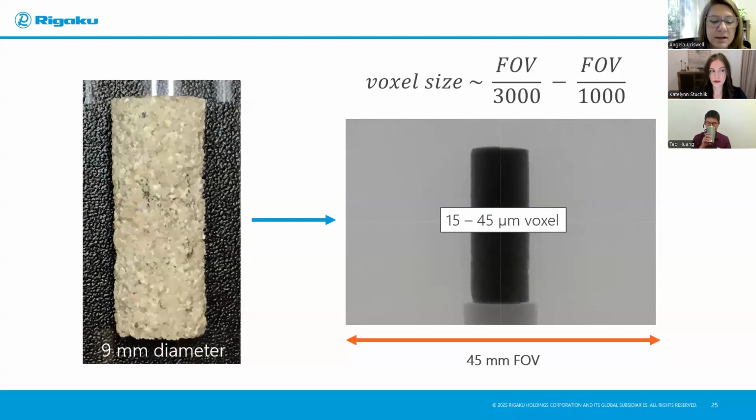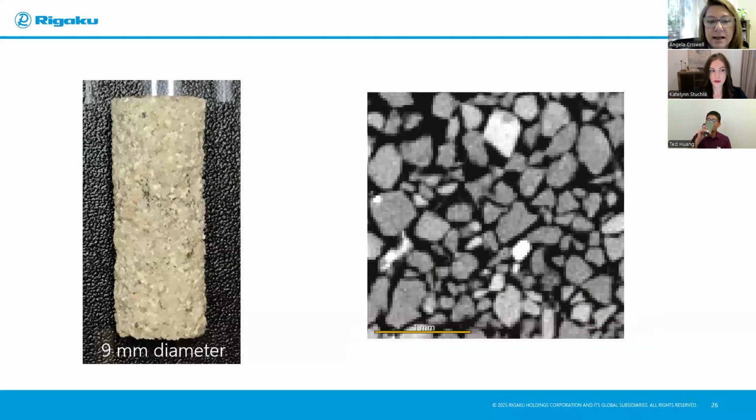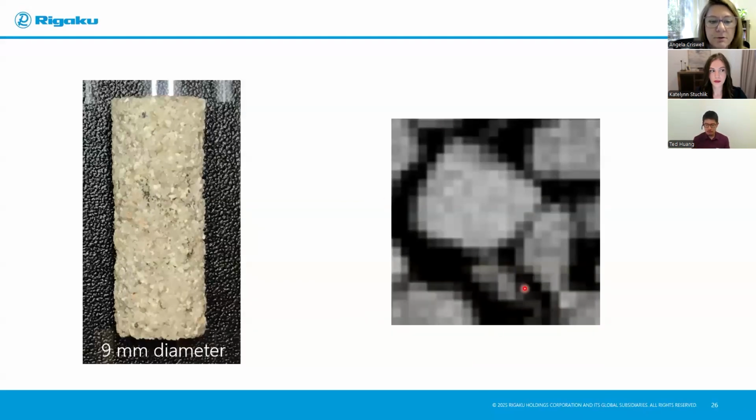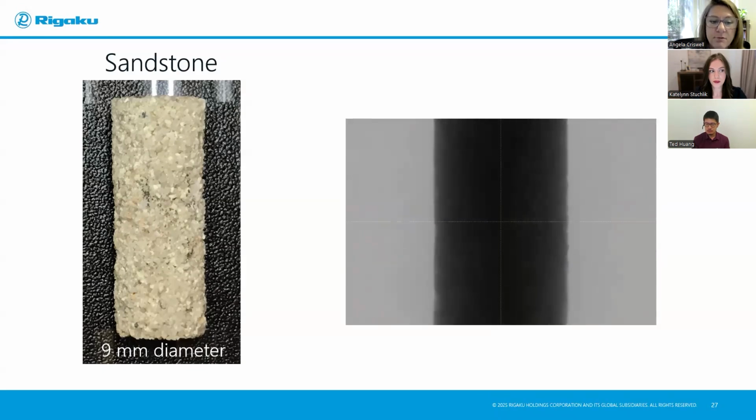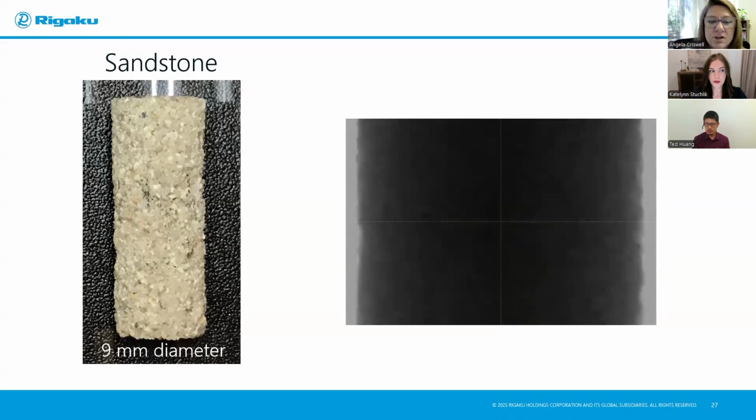Considering this, if I look at a scan collected at that resolution and zoom in on a given couple of grains in this rock core, I can see they almost look like they're touching, perhaps overlapping. So if I'm interested in pore space, I'm going to miss some of this. What I need to also then consider is, do I need to collect a second scan of my sample? For example, if I identify regions of interest, I may want to collect a higher resolution scan, or I may want to collect more than one of those.